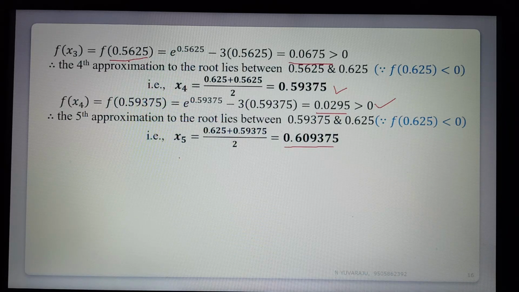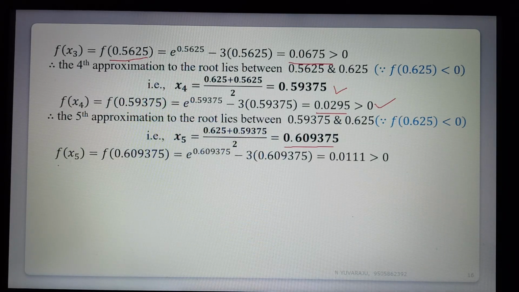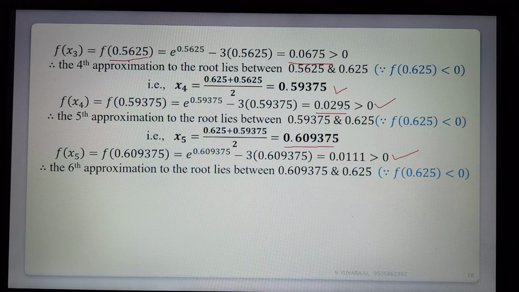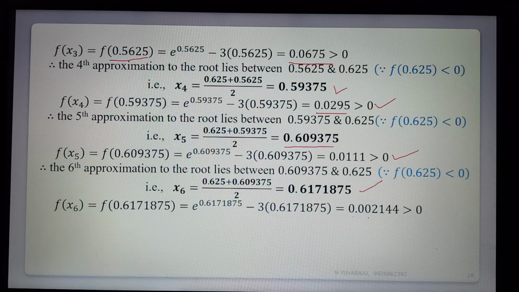This is substituting in the given equation. So f of x5 is equal to 0.001111, also positive. So the next root lies between 0.609375 and 0.625. So that is the sixth approximation 0.61711875. Substituting in the given equation, that is equal to 0.002144, this is also positive.